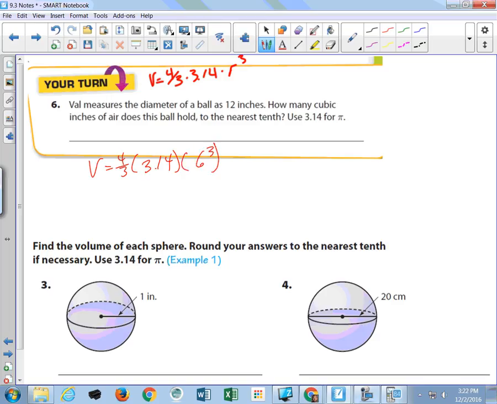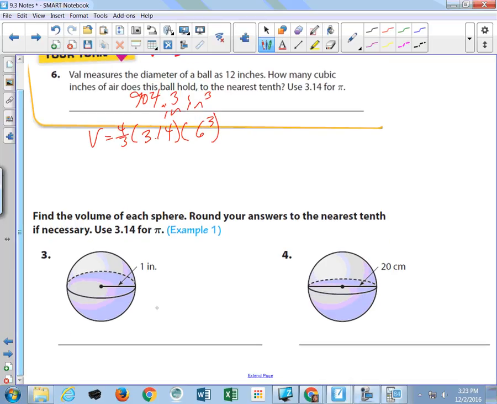Type it in: 4 divided by 3 times 3.14 times 6 cubed is 904.32. Nearest tenth would be 904.3. That is inches cubed.